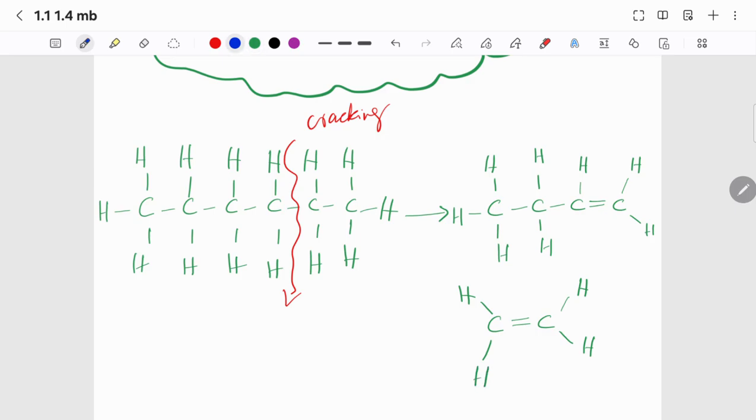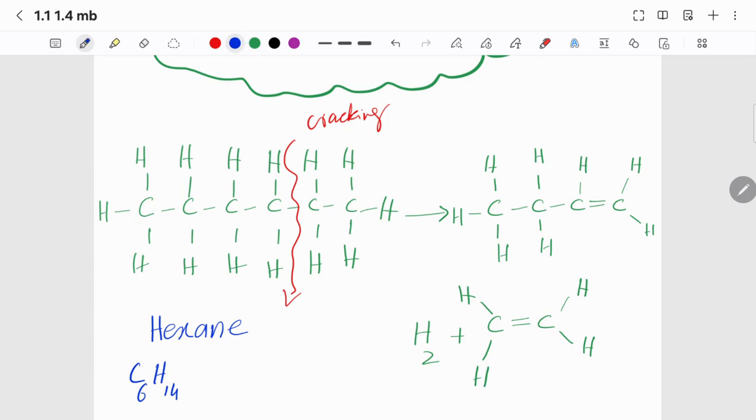The name of this molecule is hexane and its formula is C6H14. While here you can see the carbon number is 6, and let's calculate the hydrogen number: 1, 2, 3, 4, 5, 6, 7, 8, 9, 10, 11, 12. There are 12 hydrogens and we need 14 hydrogens. So I will add 2 hydrogens here as well.